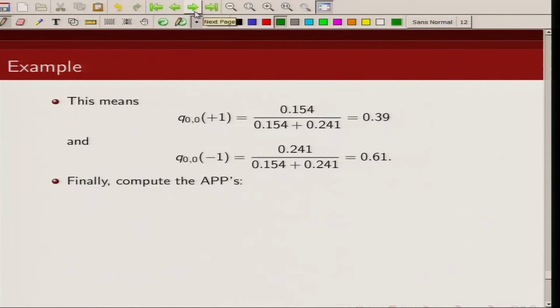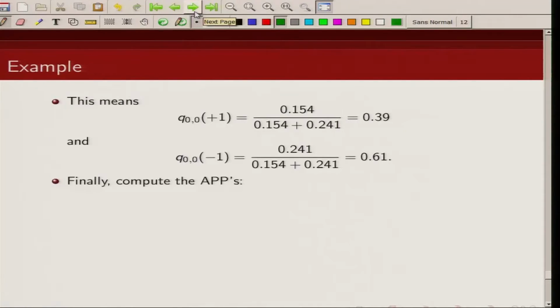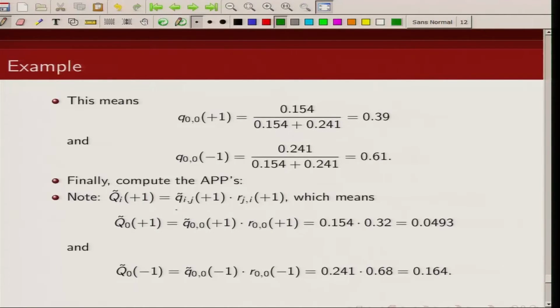And next thing, finally, after we have computed one round of iteration, what is one round of iteration? You send these Qi's to the check node, then the check node gives you back Ri's, you update your Qi's, and once you do that, you can then find out the a posteriori probability, which we have done here.